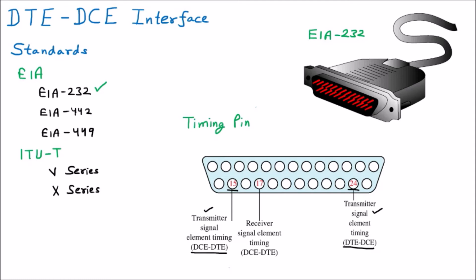Now talking about the receiver signal from DCE to DTE, whenever data is moving, the receiver timing is taken care of by pin number 17. So these are the three timing pins in the EIA 232.